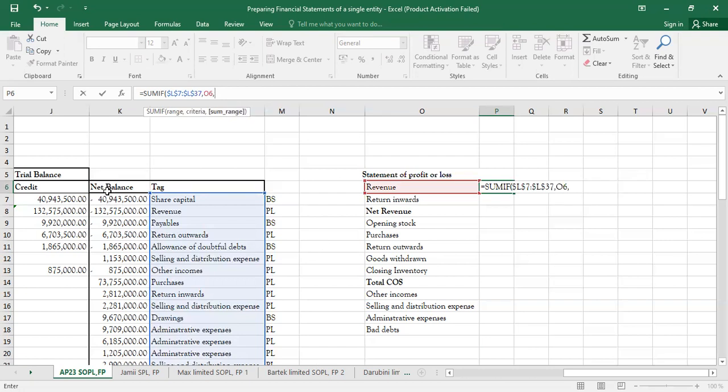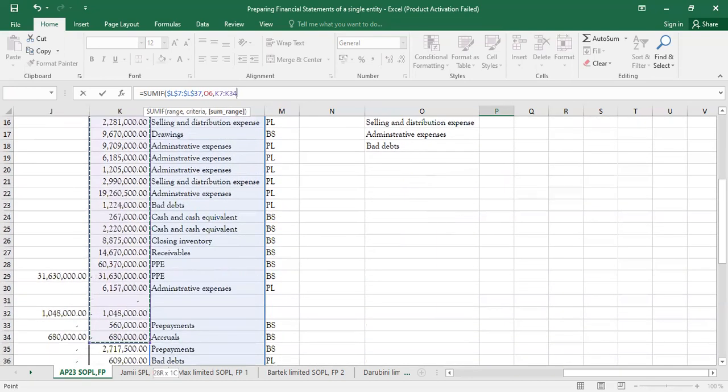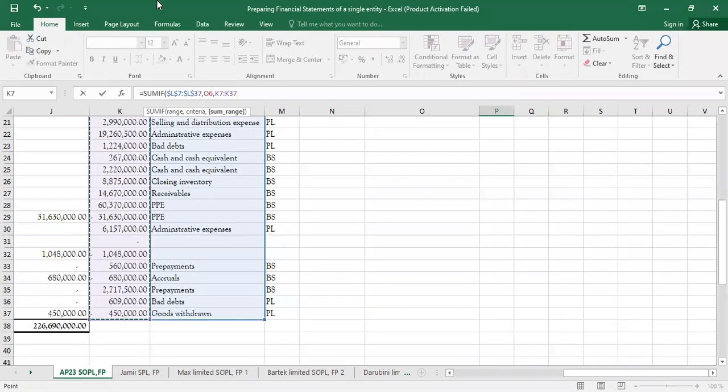So the sum range, I'll be taking the net balance here, up to there, the net balance in the adjusted trial balance. So I'll lock them. Here I'm locking with the F4, Shift 4. That's why I'm locking each individual.